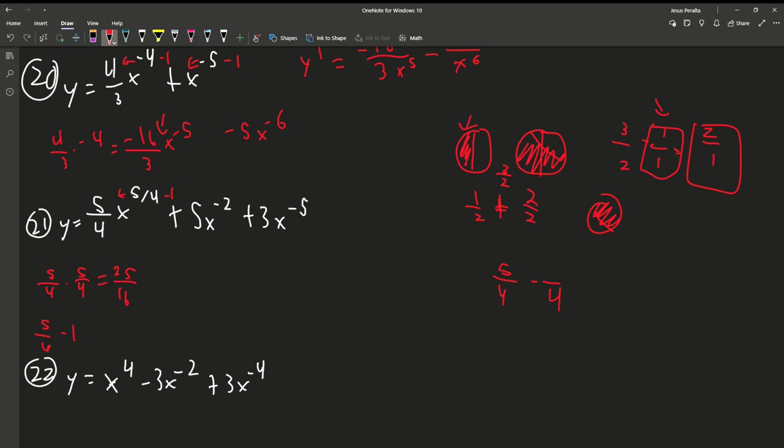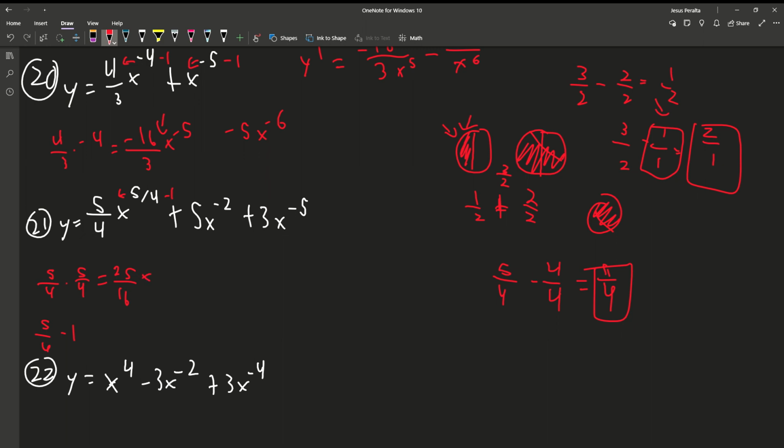So we're going to make it 4 out of 4. We want it to be the same as the denominator. So when you do this, you get 1 over 4. And it makes sense when you go over here: you do 3 over 2, you subtract 2 over 2, and you're left with the half pie that we said. It's that simple. So 5 over 4 minus 1 is 1 over 4.